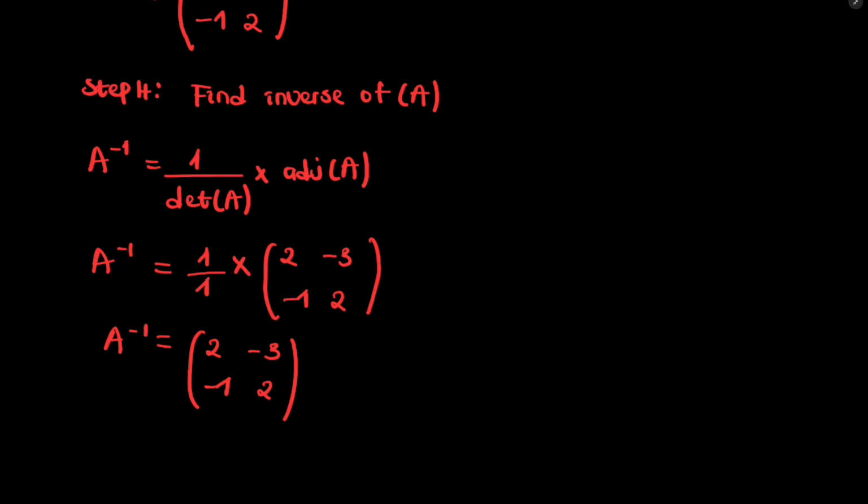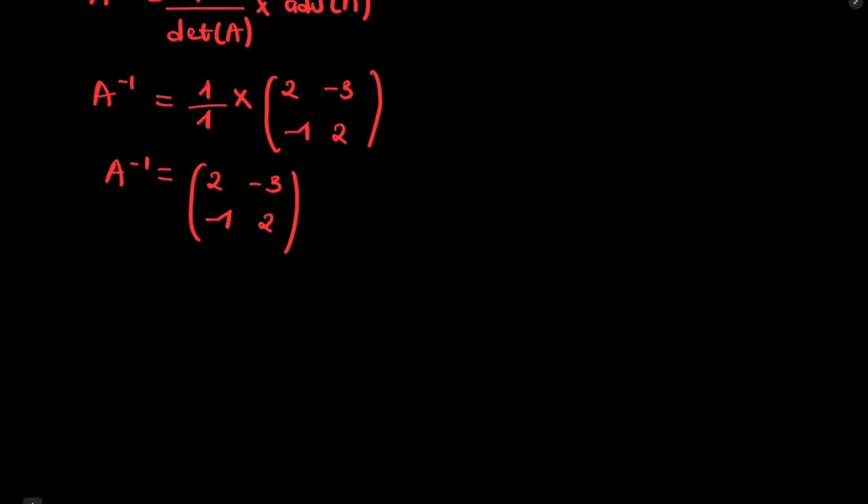But this is not all. Remember, we have to find the value of x and y. We had AX equal to C, where A was our matrix, X was x and y, and C was the other values. To find X, we have X equal to A inverse times C. That is why we are looking for the inverse.